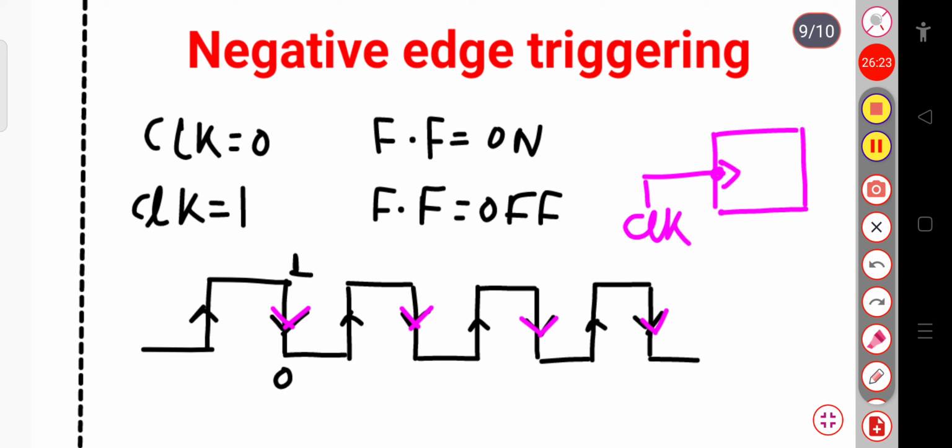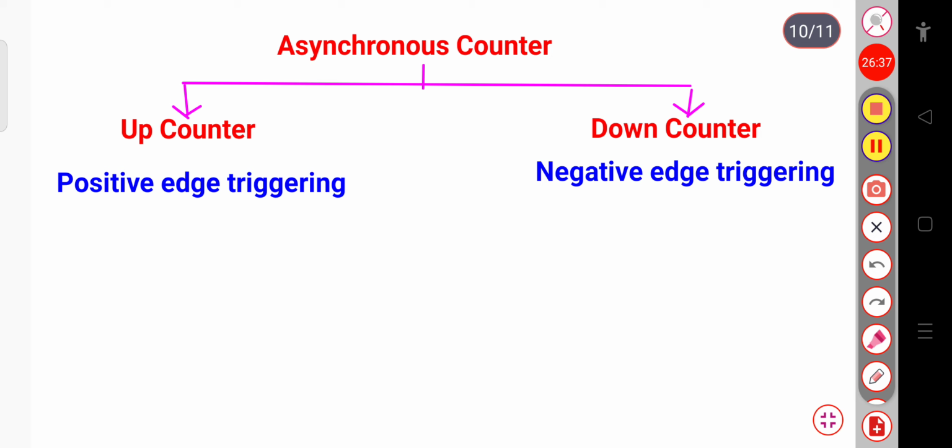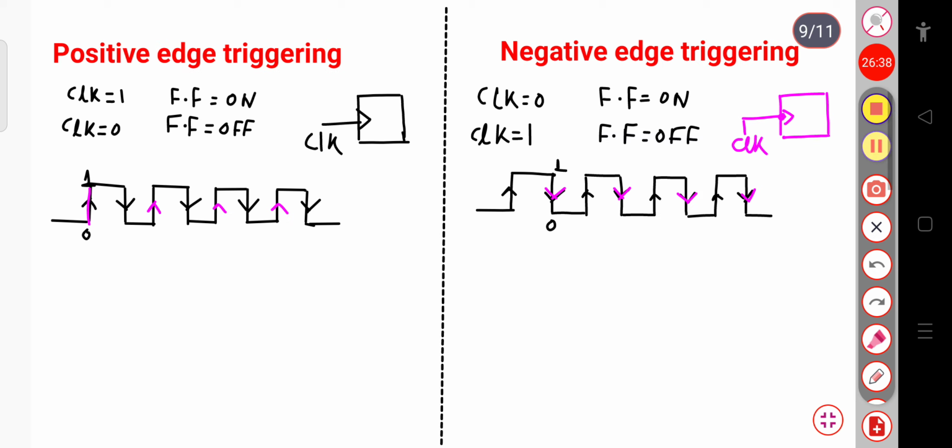Now again, let us see this asynchronous counter is of two types. One is up counter, another is down counter. In case of positive based triggering, we know when the clock is given 1, the flip flop is in the on condition, and in case of negative based triggering, when the clock is 0, the flip flop is in the on condition.